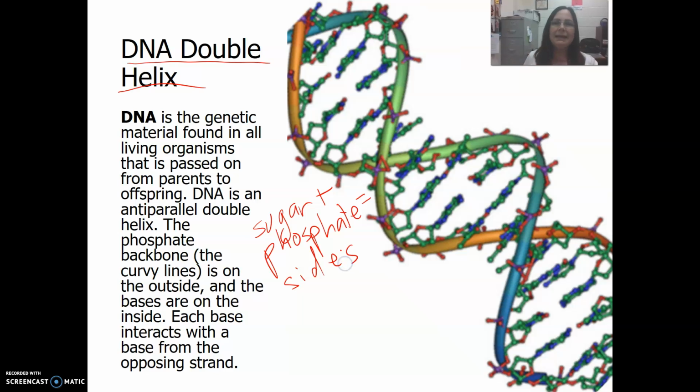And then the bases form the rungs of the ladder. So here and here, the steps of the ladder or the rungs are formed by the bases.